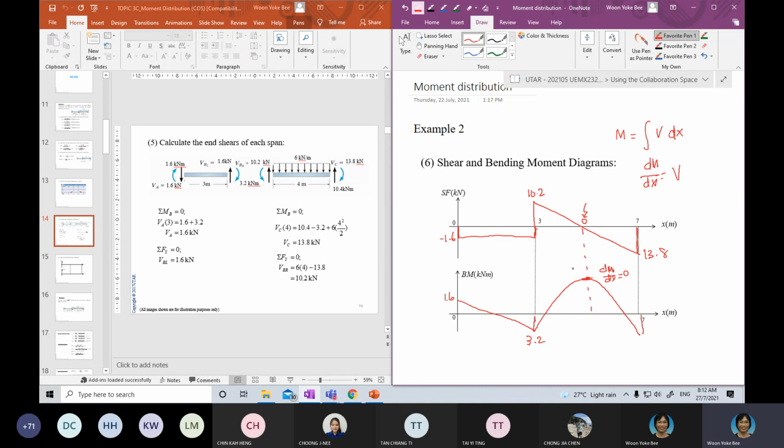Then you will have 5.47 here. And here, this is the last one, which is 10.4.